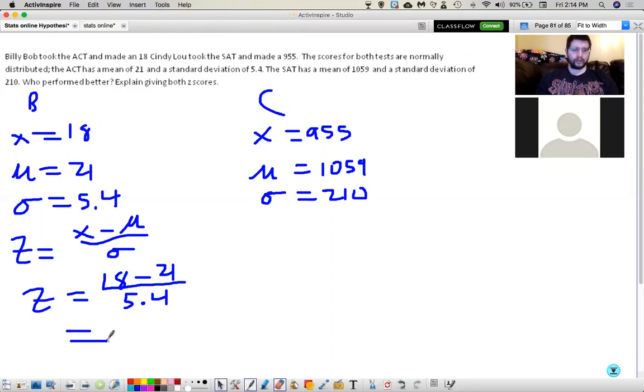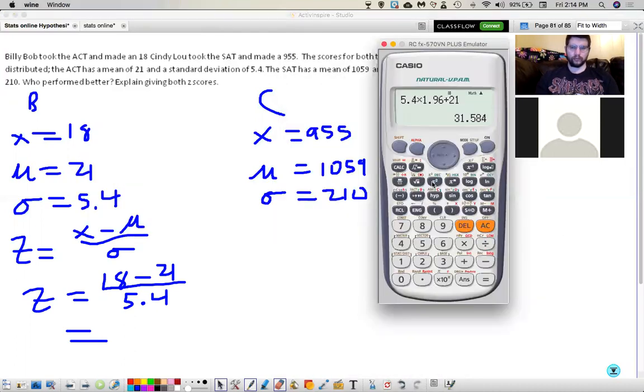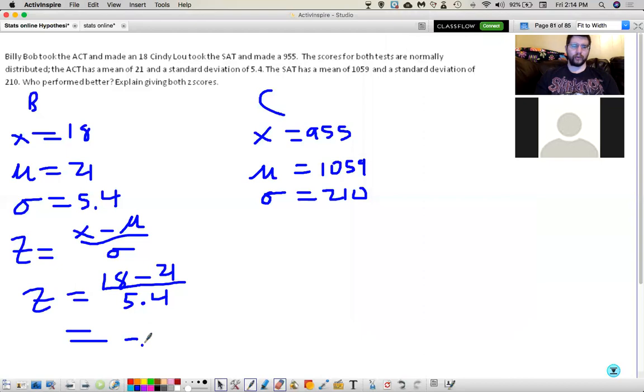See what that gives us. It gives us negative 0.5555 repeating. We're going to go 4 decimal places. Negative 0.5556.